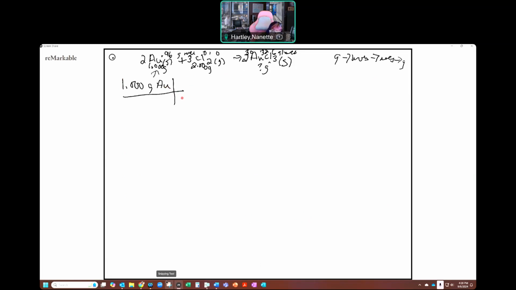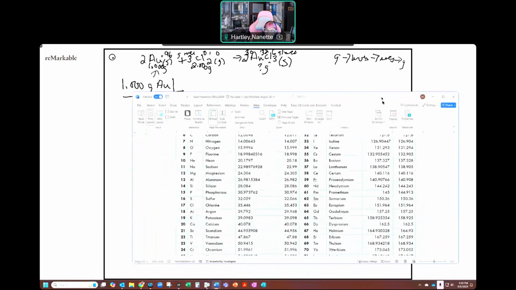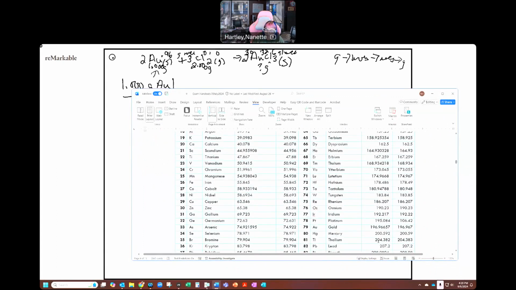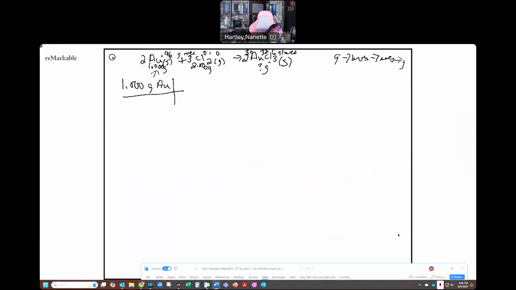And then I can convert from grams with the molecular weight, and that molecular weight, because it didn't all come over, I have misplaced it. 196.967. 196.967 grams of Au in 1 mole of Au. So I've again calculated how many moles of Au I have present.